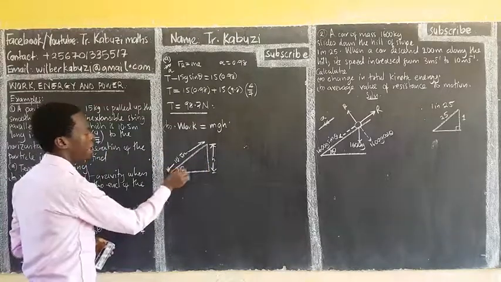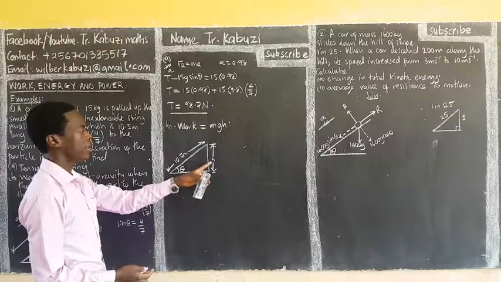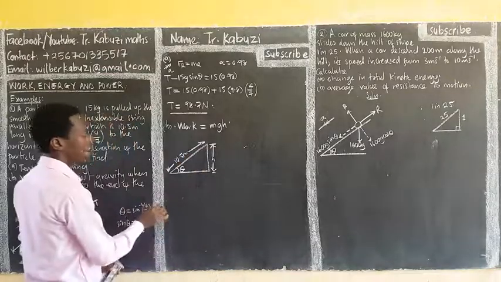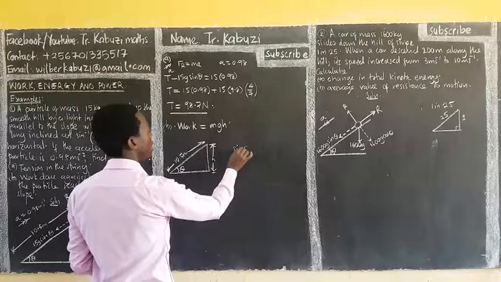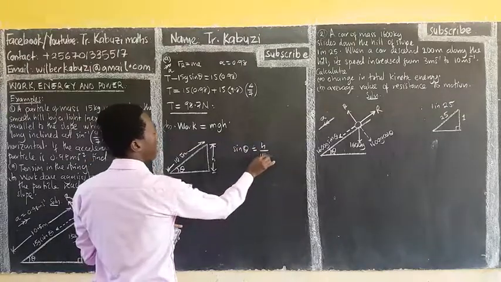If this is theta, then this one is opposite over hypotenuse. You have this, you need this, and from there you can appreciate that our sine theta is going to be the opposite over the hypotenuse.